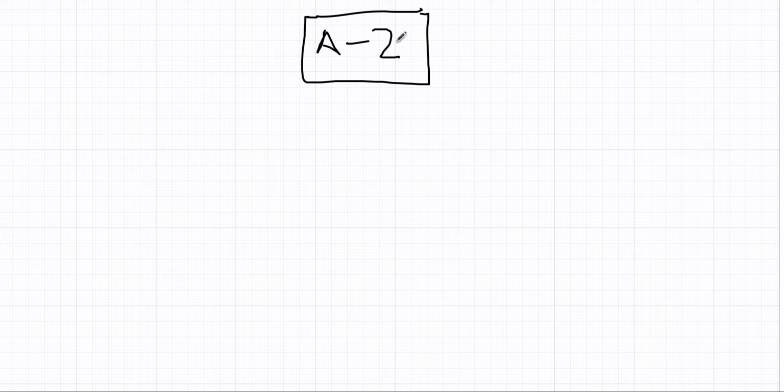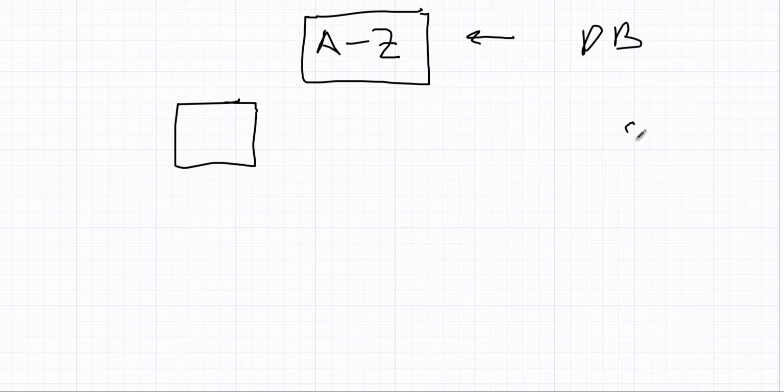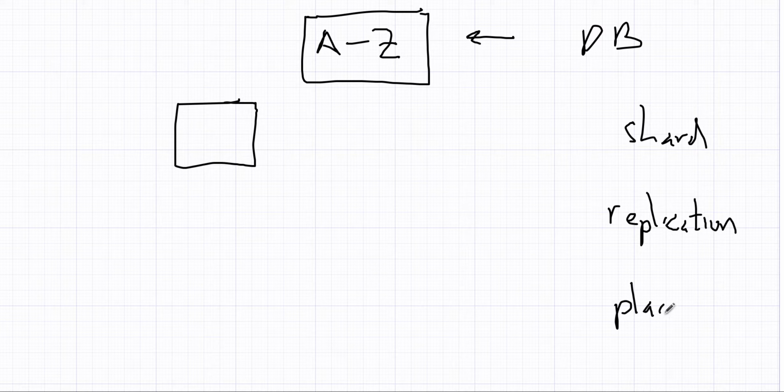So we have our main configuration, or main database, and then we're going to shard it. So this is the database layer right there. This is the sharding layer. This is the replication layer. And then we're going to have the placement layer.